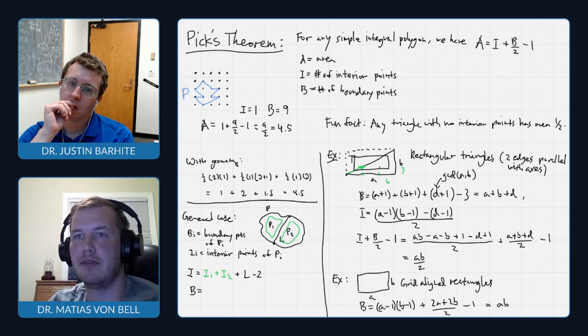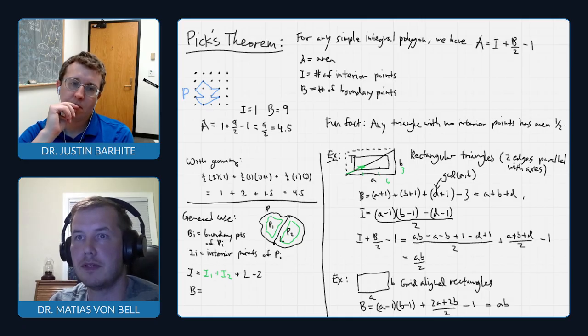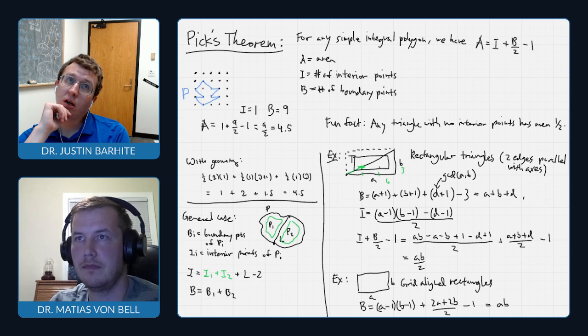So how about boundary? That should be B1 plus B2, but now you've double counted.